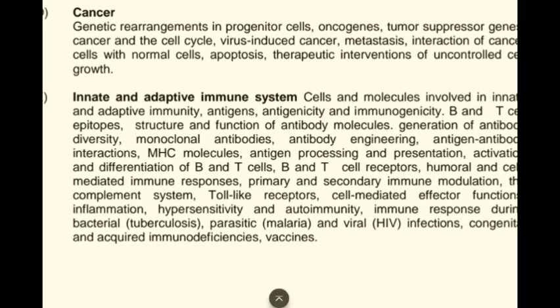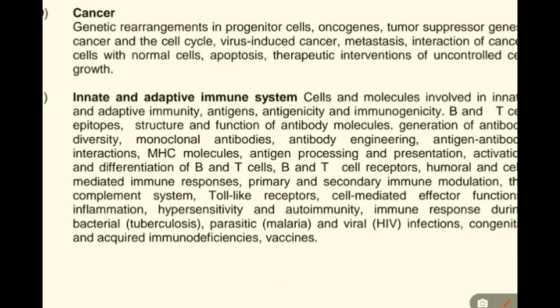Next, we will learn about immunology as well. In immunology, we will be learning from the basics. What is immunity? What are the types of immunity? What are the cells involved in immune responses?